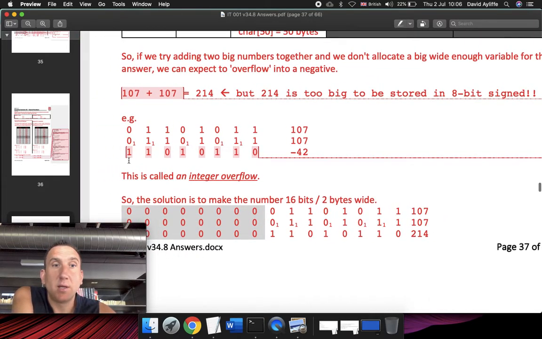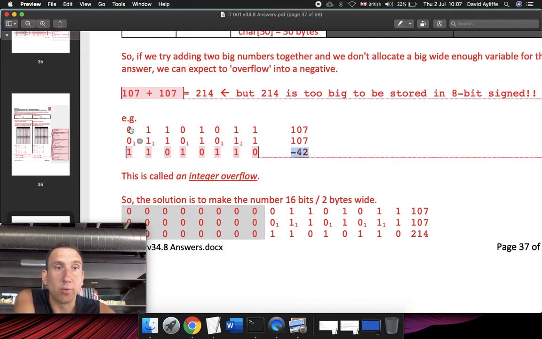But this is of course a 2's complement number, and we can see that it starts with a 1. So we can see already that it's negative. And if we work this out, this comes to negative 42.